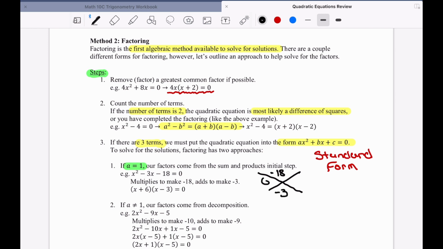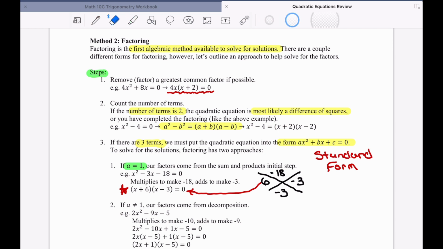My factors were 6 and negative 3. And so I can just take them right from there and write them into our factors using the signs that we discovered from the sum and product method. And then they just go right into that, and we consider this a factored form. If they ask for a quadratic equation to be factored, they want it left in this form.